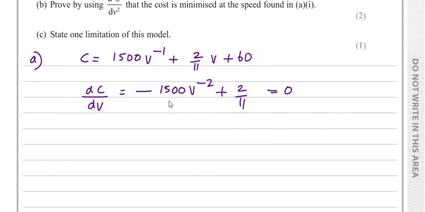So this is equal to 0 when C is the minimum. Therefore, we can write that 2 over 11 should be equal to 1500 v to the power of minus 2, because one is minus and the other is plus and they net off to 0, which means the two positive values should be equal to each other.